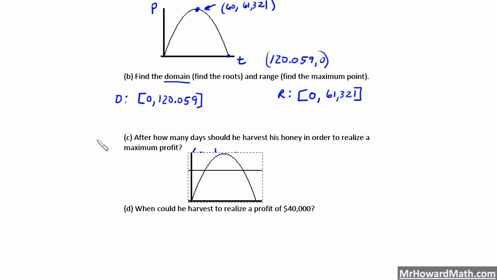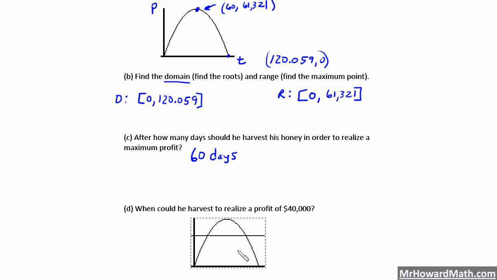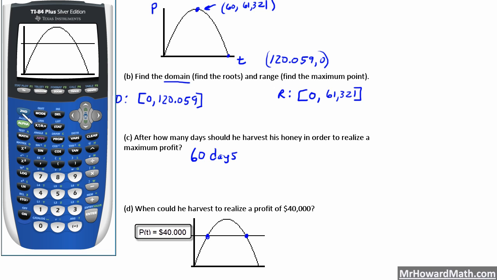We would just sketch this normally, but since we've got the computer here with the calculator, we'll go ahead and use that to graph for us. So there are actually two spots. Look, he could harvest the honey here at this intersection, or here at this intersection. So let's let our calculator tell us what those points are. So second trace, option 5 for intersection.